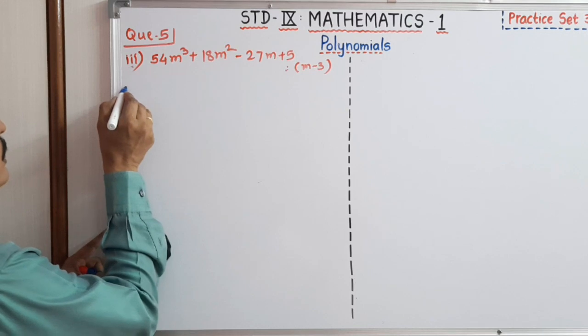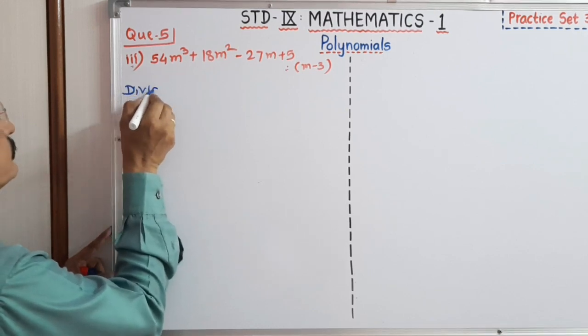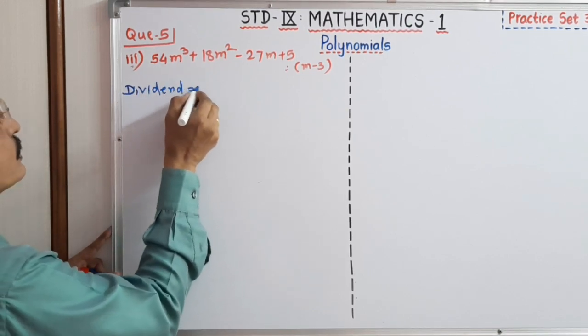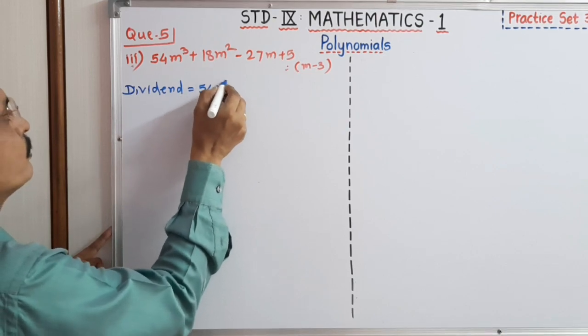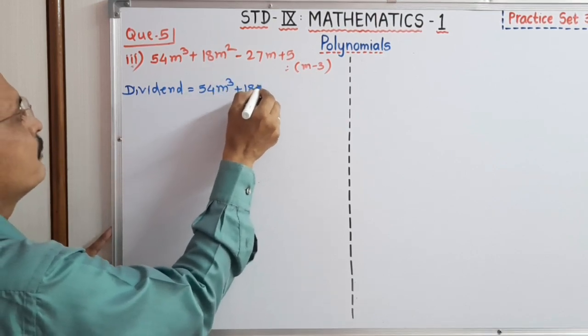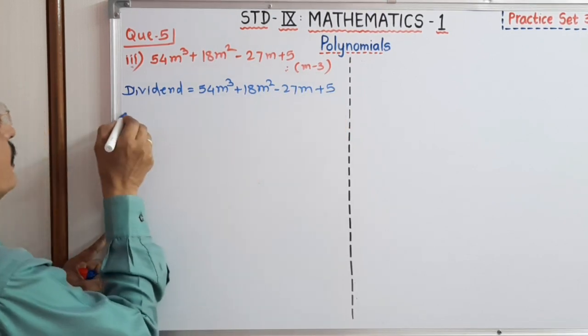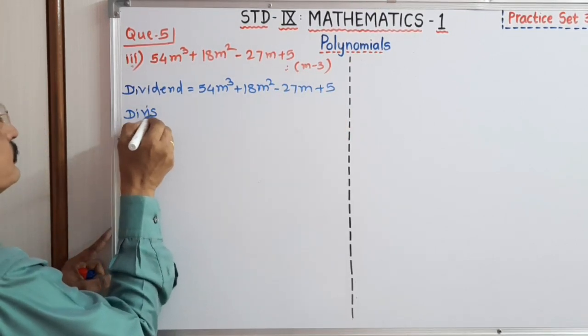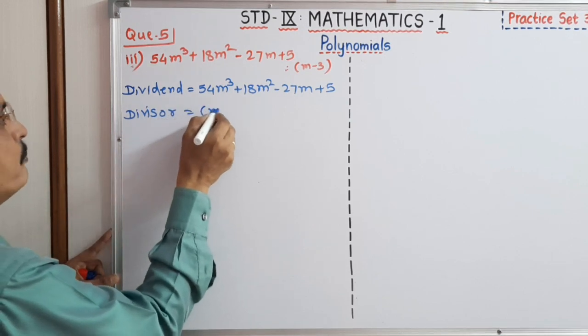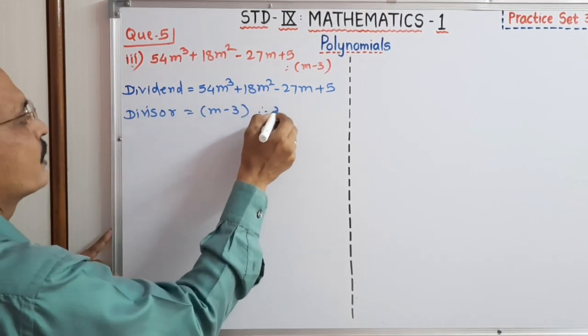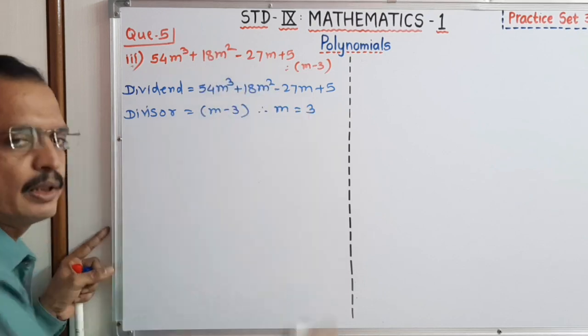First of all, we have to write the dividend is equal to 54m cube plus 18m square minus 27m plus 5. Divisor is equal to m minus 3. Therefore m is equal to 3.